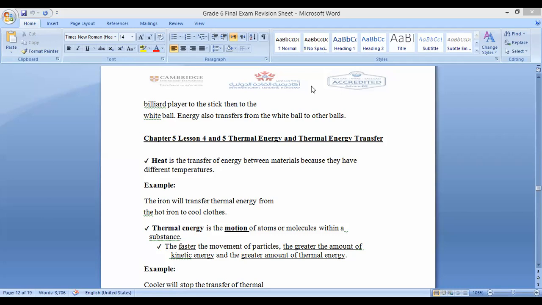What will happen? Will any energy be transferred between you and the cup? They both have the same temperature. The cup has 37 Celsius degrees and your hand or your body has 37 Celsius degrees. Will any energy transfer happen here, Zena?